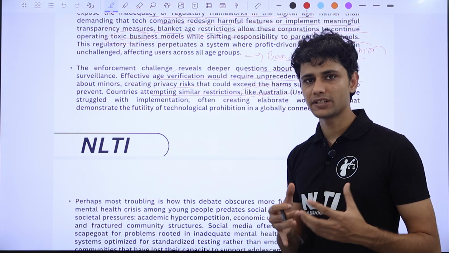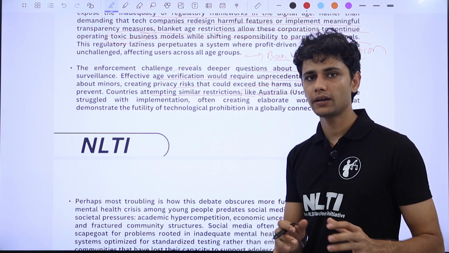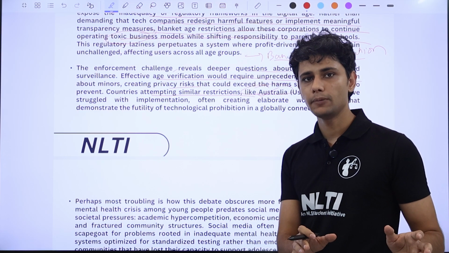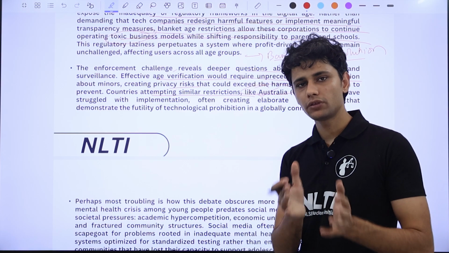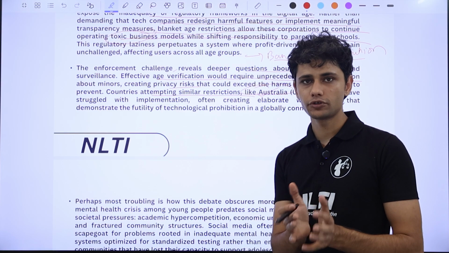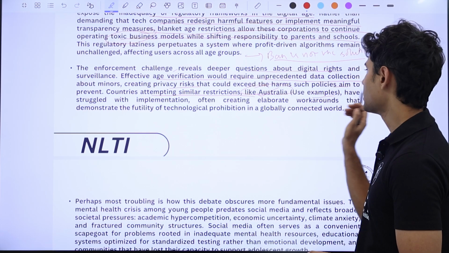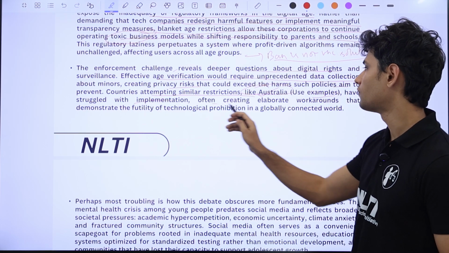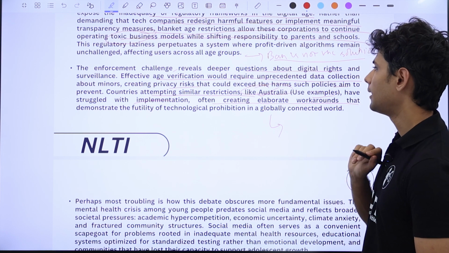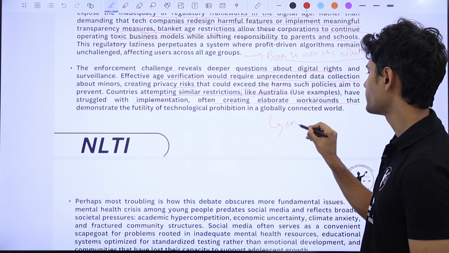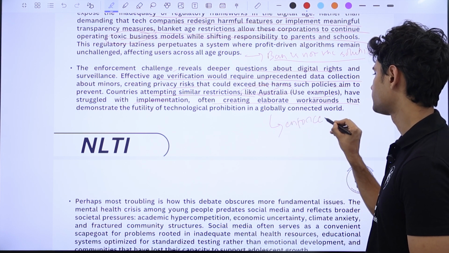So do not just put your descriptive information about that topic as one single piece of content in your essay, but complement it with your analysis. Both should go side by side. So this argument basically says that enforcement of a ban is difficult.